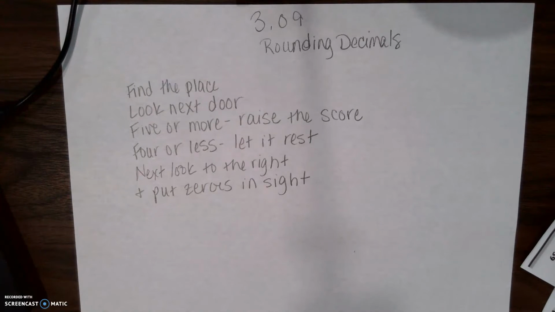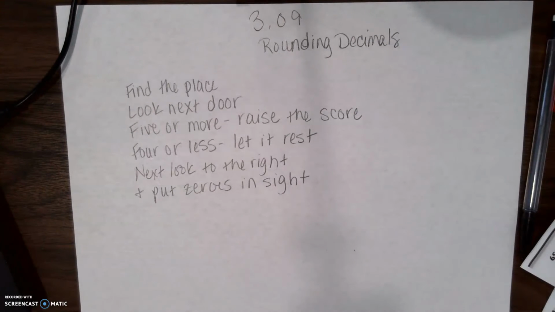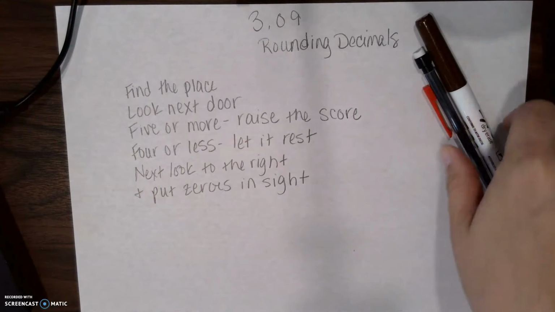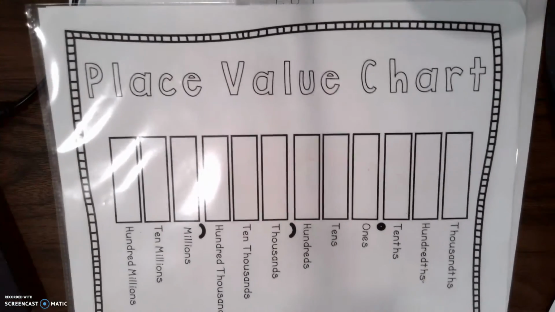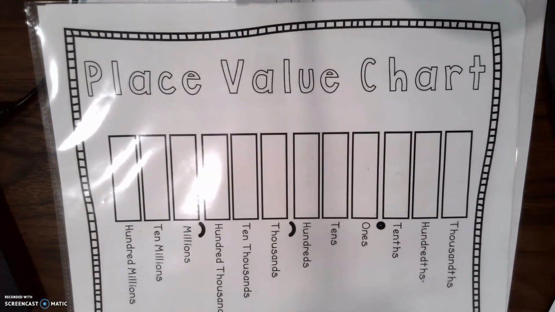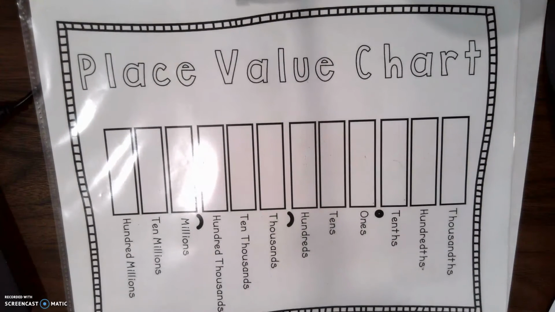So let's get started. Let's practice a little bit by using our place value chart. So I'm going to put mine in front here, okay? So let's practice rounding to the tenths place.